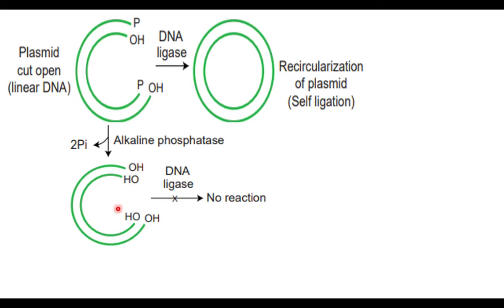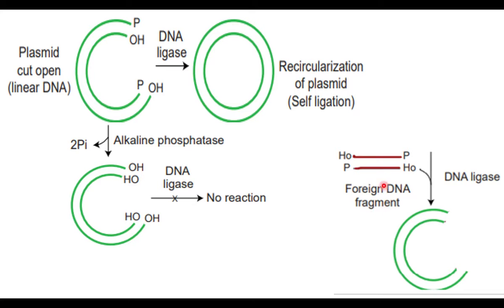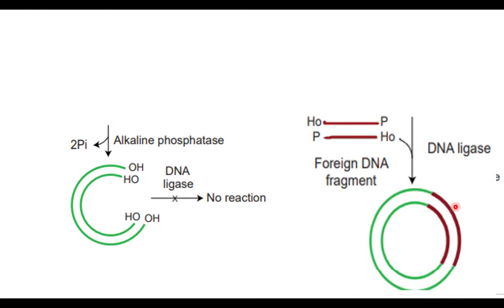The plasmid remains opened, but the foreign DNA containing a phosphate group at one end and an OH group at the other end can join. So what is prevented by alkaline phosphatase? Self-ligation. But ligation or joining of foreign DNA in the presence of DNA ligase is allowed.